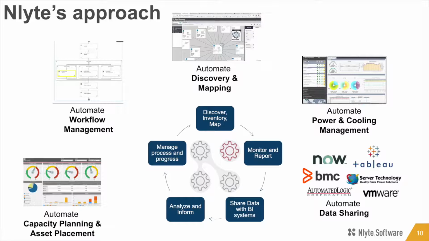So whether it's networking or server type devices, they can automatically be mapped to the ports that are used so that you have an idea of what happens if those connections are dropped. So again, automatically capturing this information.